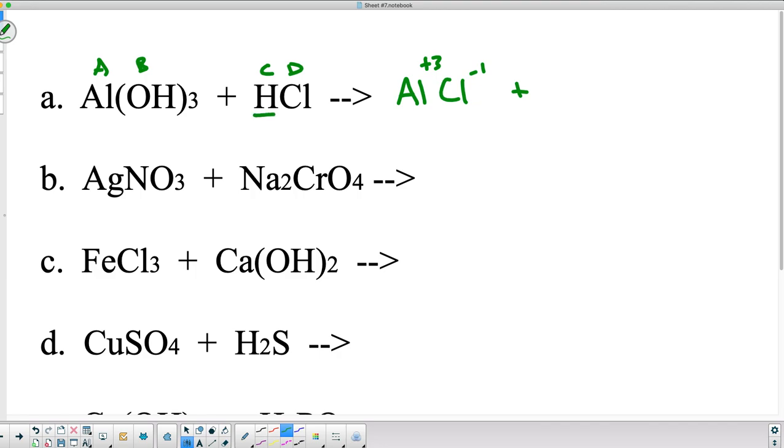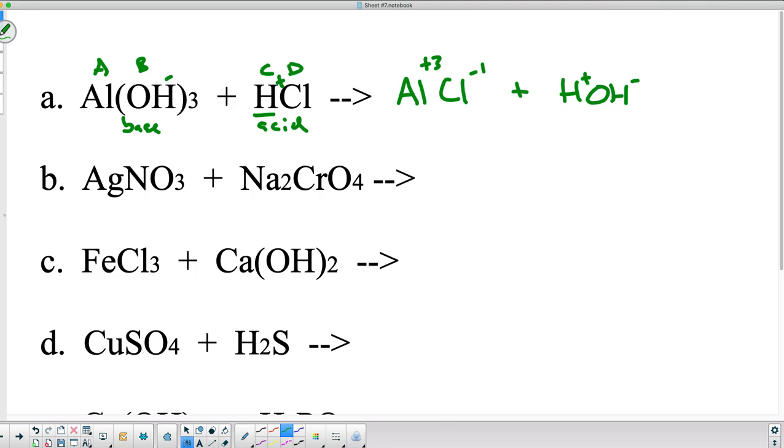Here I have a plus, a hydrogen, so this right here is an acid, and this ends in OH, so that makes this thing a base right here. So here I have an acid-base reaction. Okay, so that means on the other side over here, I got H plus and OH minus.